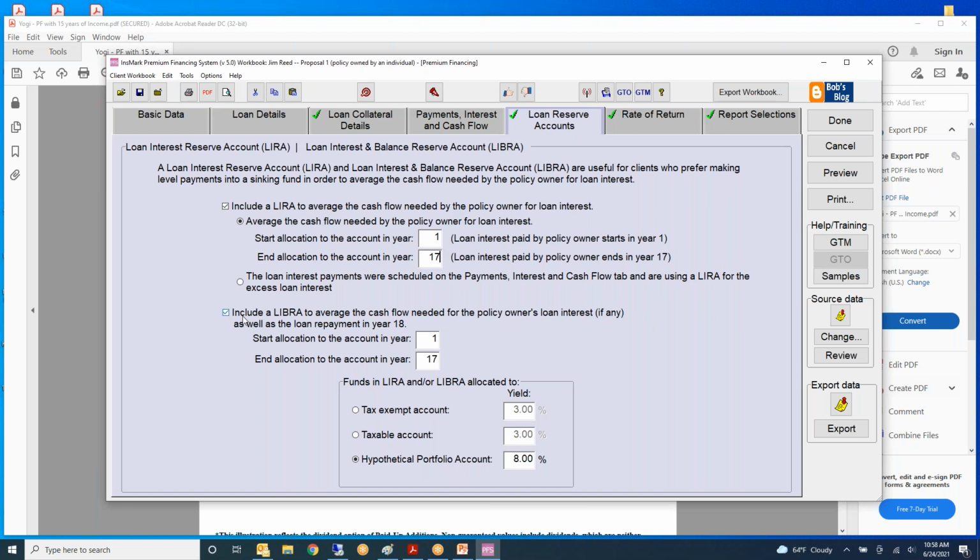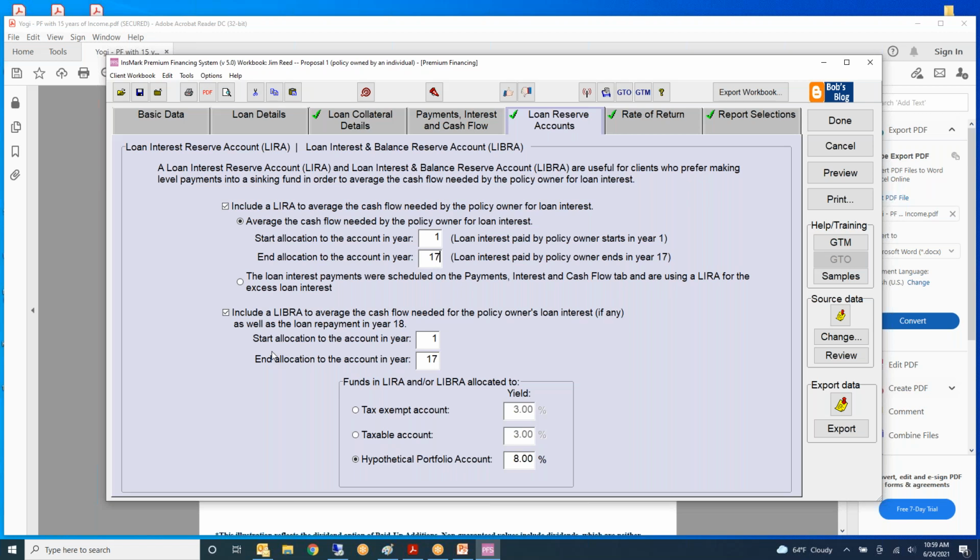Next, I also want to have an additional report that shows a LIBRA, which is loan interest and balance reserve account. And this is going to be showing to the client a levelized annual commitment of funds to put aside that will produce enough money to cover the annual interest as well as the loan principal repayment back to the bank.